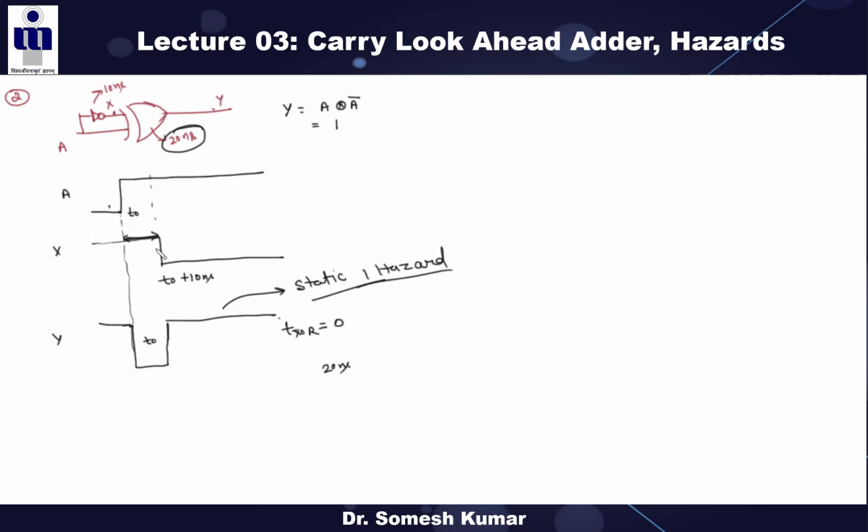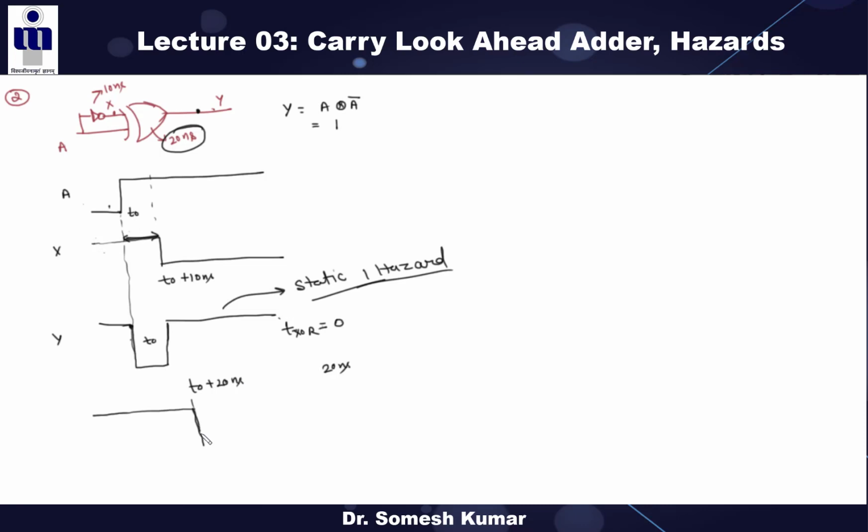Because see, this is your A, this is your X, right? So this output you will get after how much time? Means this operation will happen after how much time? It will go to, here, this is your T naught plus 20, right?